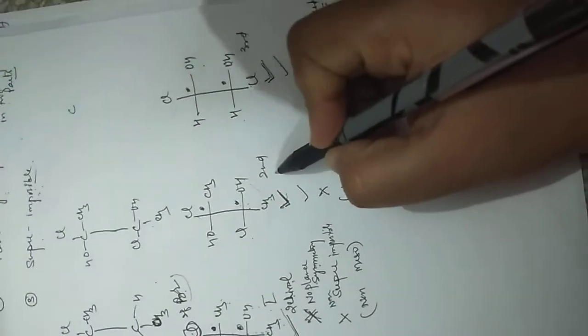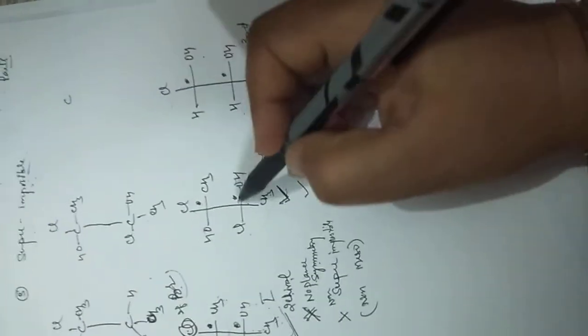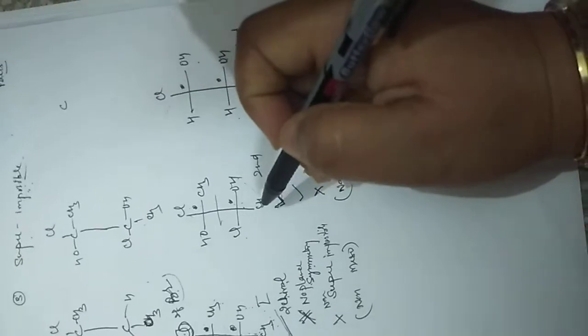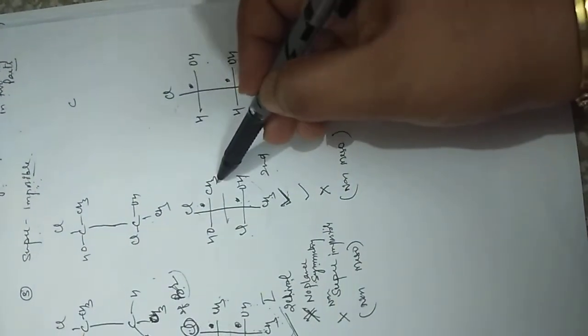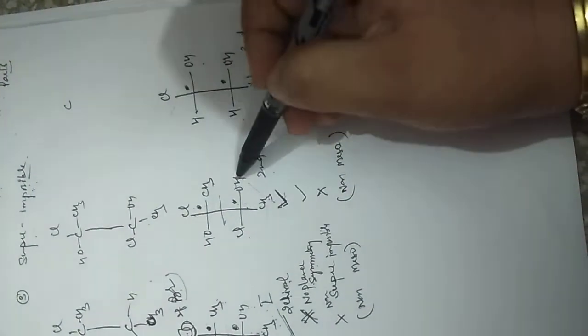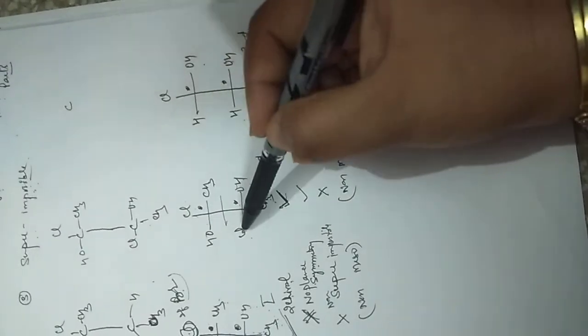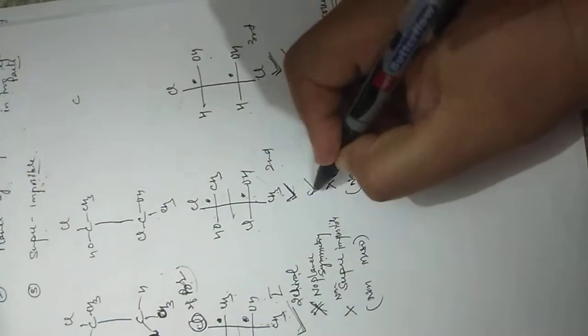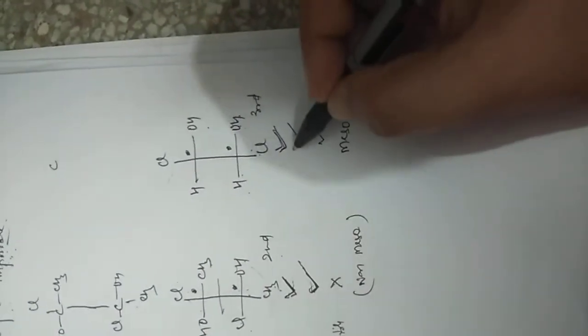In the second compound, if it is cut into two parts, CH3, CH3, OH, OH, Cl, Cl are equally divided, so it has a plane of symmetry. Second condition complete. In the third compound also OH, OH, H, H, Cl, Cl, so plane of symmetry, condition complete.